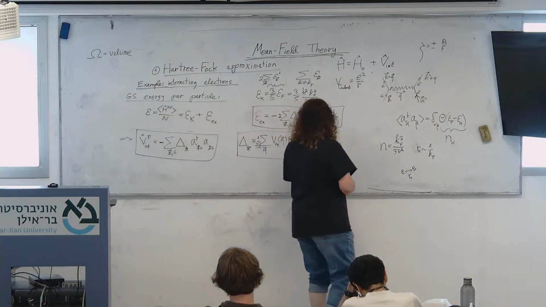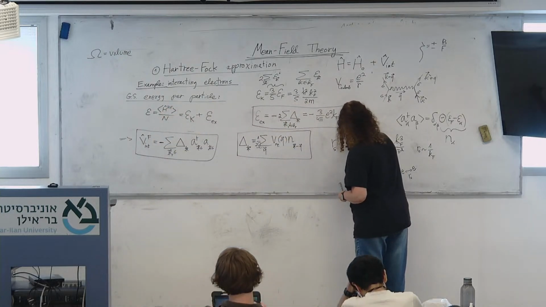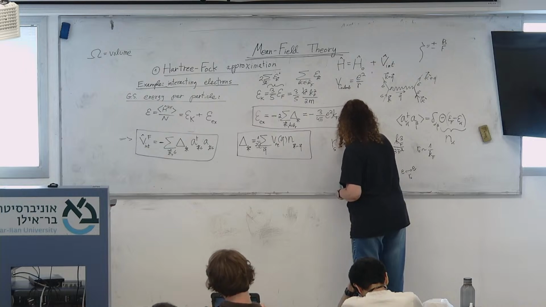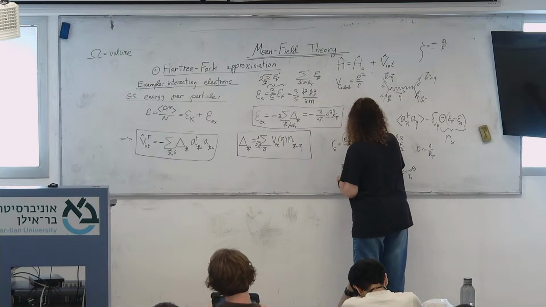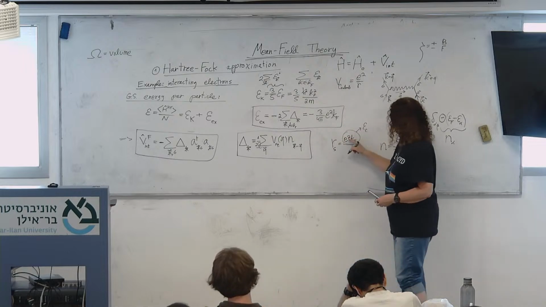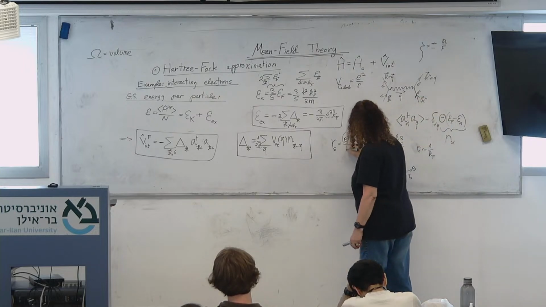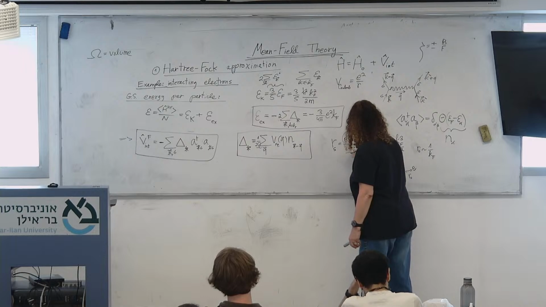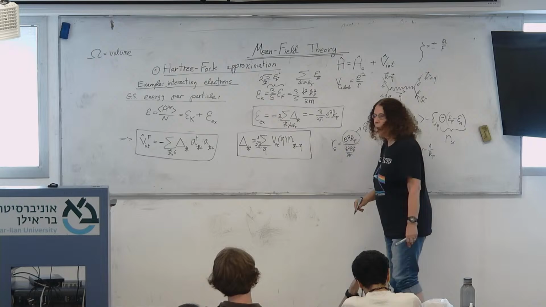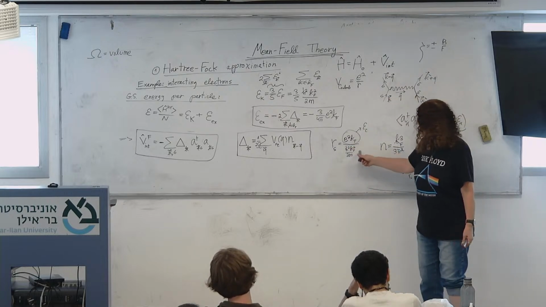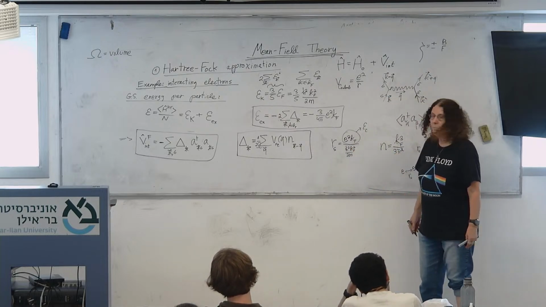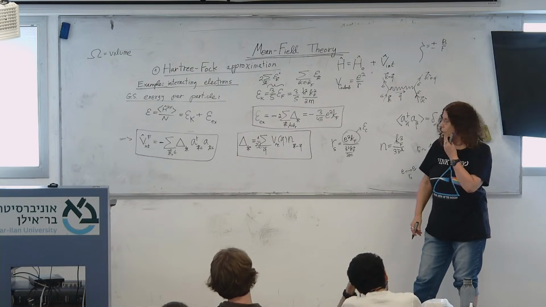So Rs you can define as the ratio between the Coulomb interaction, which is given by E squared over R naught, divided by the kinetic energy scale, which is E Fermi, or explicitly h bar Kf squared over 2m.